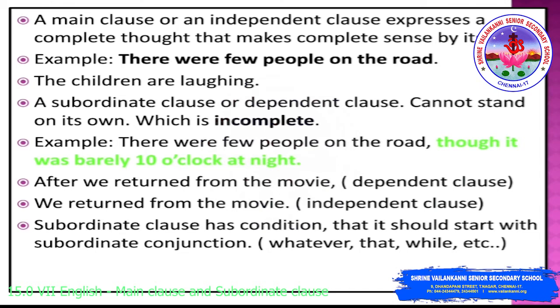It is dependent on the main clause, which doesn't stand on its own, which doesn't make a complete sense. For example, though it was barely 10 o'clock at night, after we returned from the movie. These are examples of subordinate clauses, which are also called dependent clauses, dependent on the main clause.